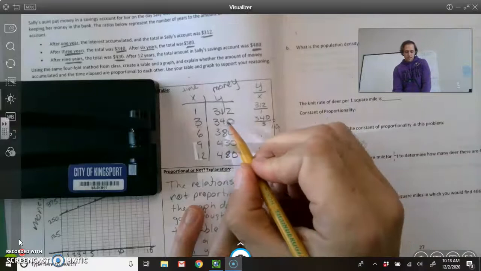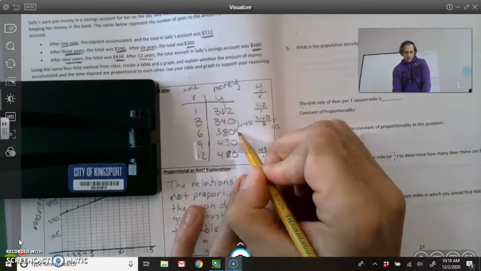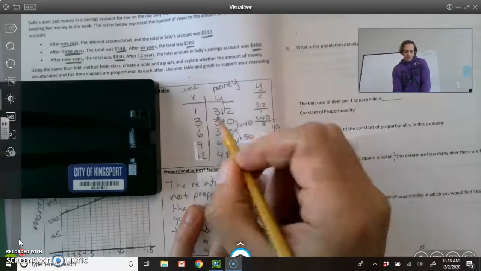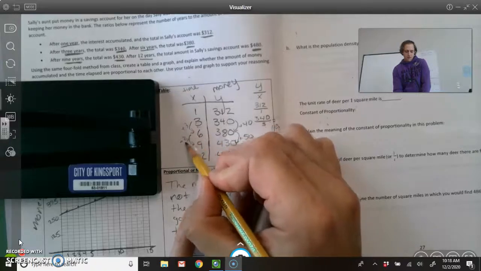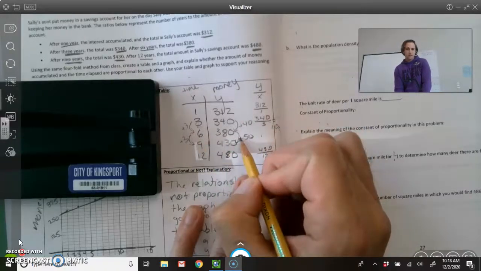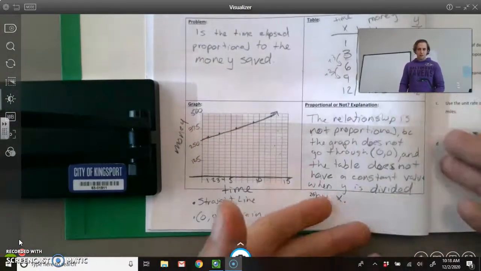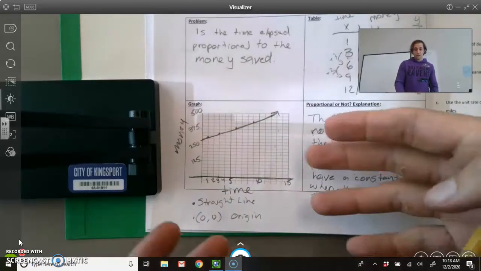Well, here we see that as this goes up, it goes up by 40, and then here it goes up by 50. Because it changes at a different rate, like this is going up 3 and this is going up 3, so the x is increasing at the same rate, but the y is increasing at different rates. This is actually not a straight line, so that also could go into our explanation. That's not something you should be able to recognize yet, unless we had a more precise graph.